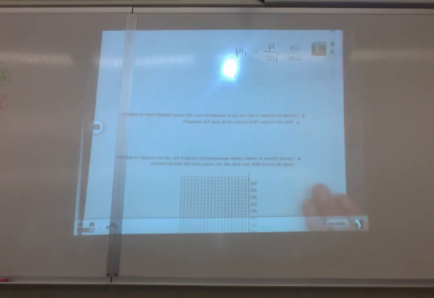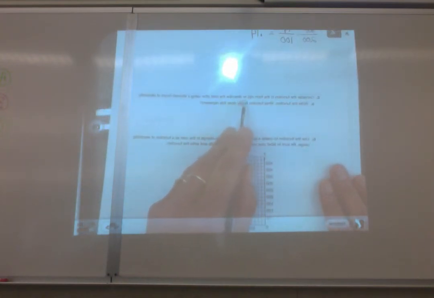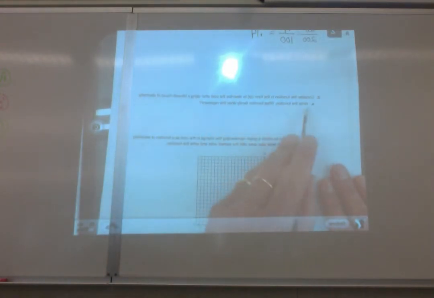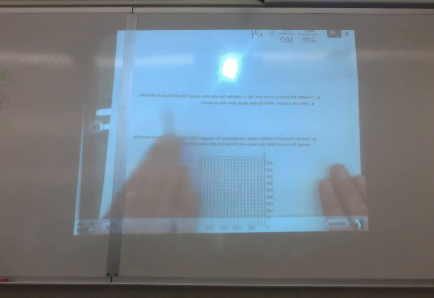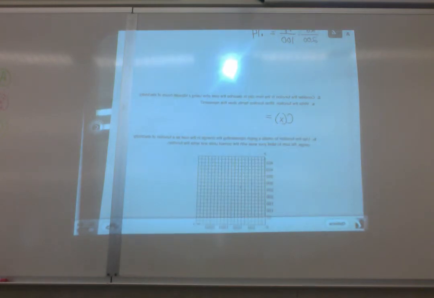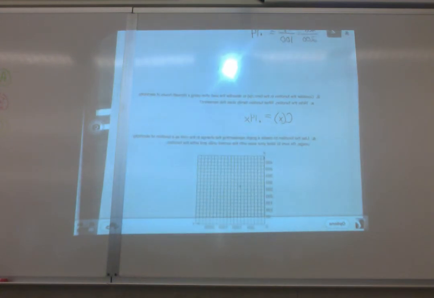Okay. Consider the function in the form of C of x to describe the cost of using x kilowatt hours. Write the function. What function family? So they want us to go C of x equals. What did we say was happening for every amount of electricity used? Is it 0.14x? 0.14x.